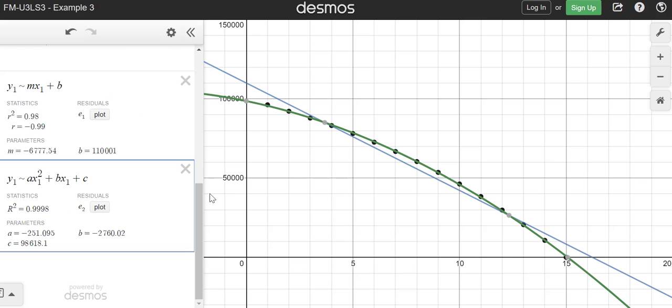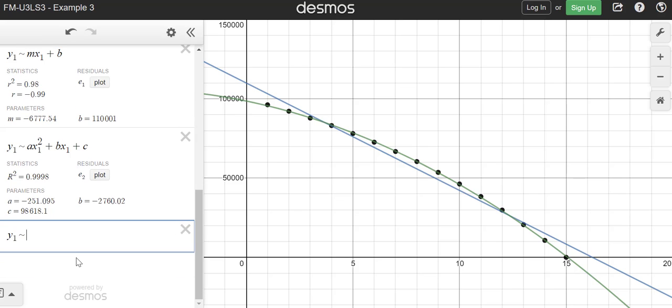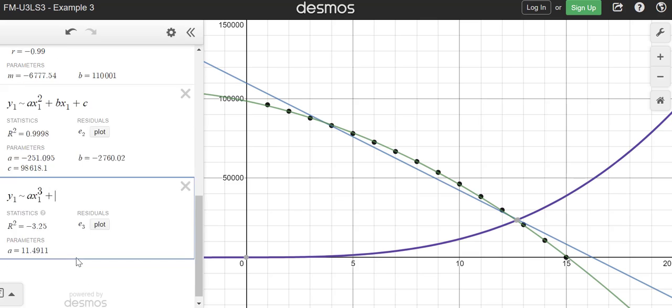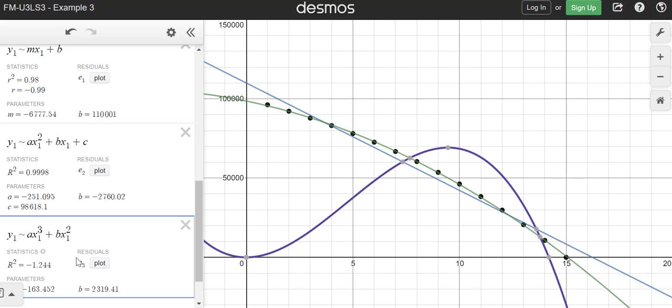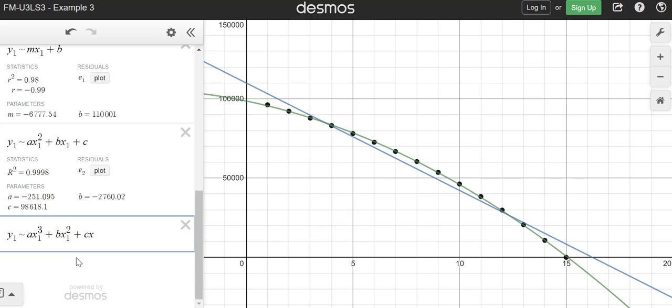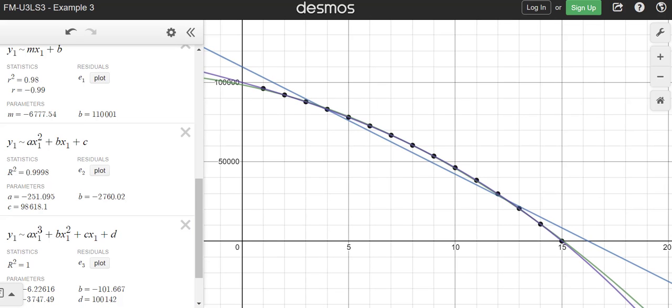We put that in Desmos: y1, tilde, a x cubed sub 1, plus b x squared sub 1, plus c x sub 1, plus d. If we look a little closer, I'm going to turn off the blue line and the green line. Look at the purple line compared to the green line, and you notice that the purple line fits just a little bit better.